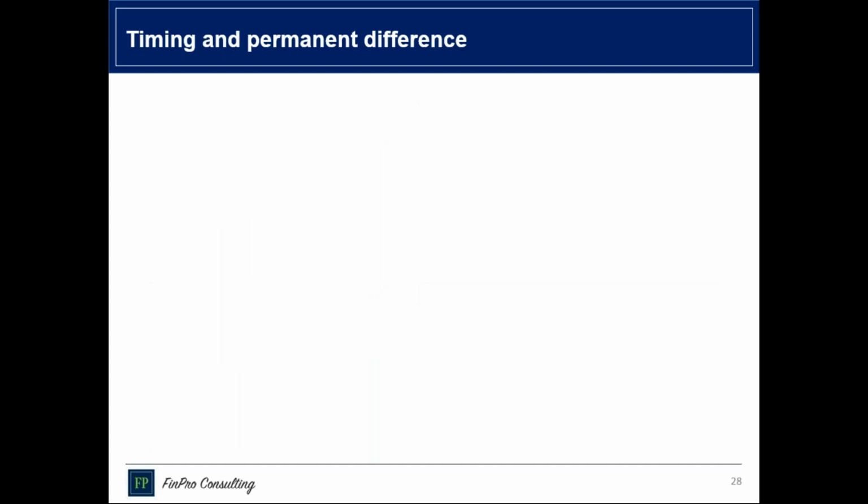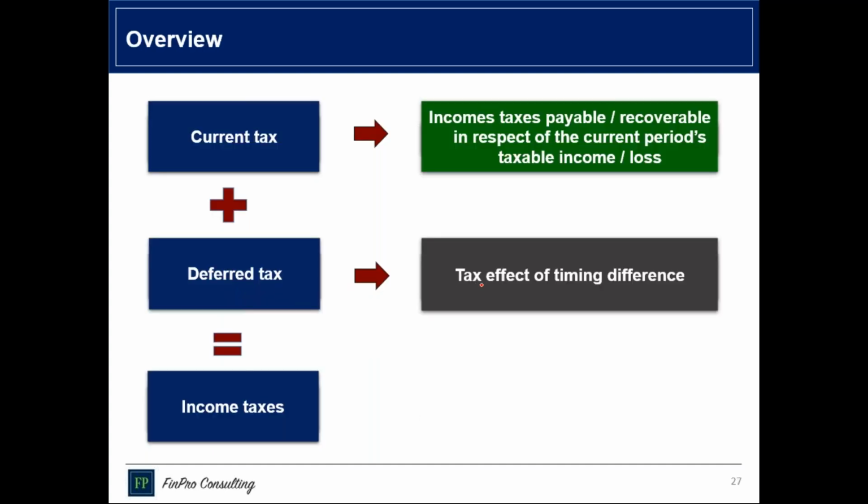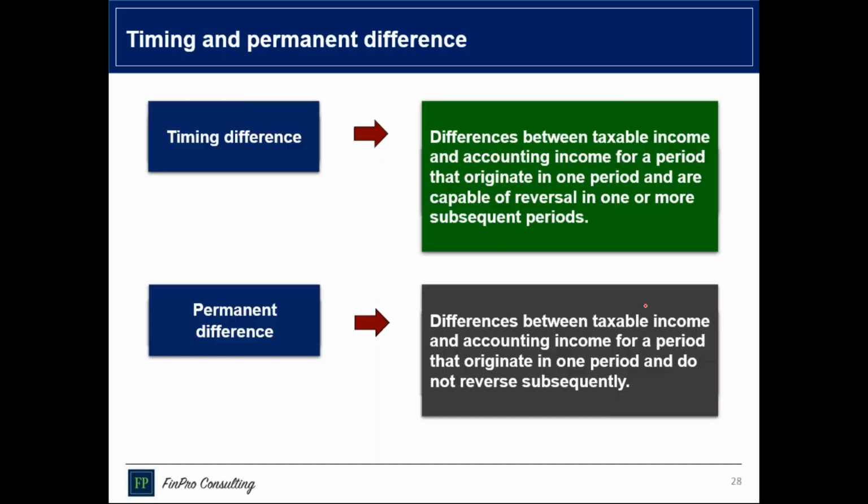Now, deferred tax is nothing but the effect of timing difference. We will understand what we mean by timing difference and what we mean by permanent difference, very briefly, because I'm sure you must have already read through this earlier.